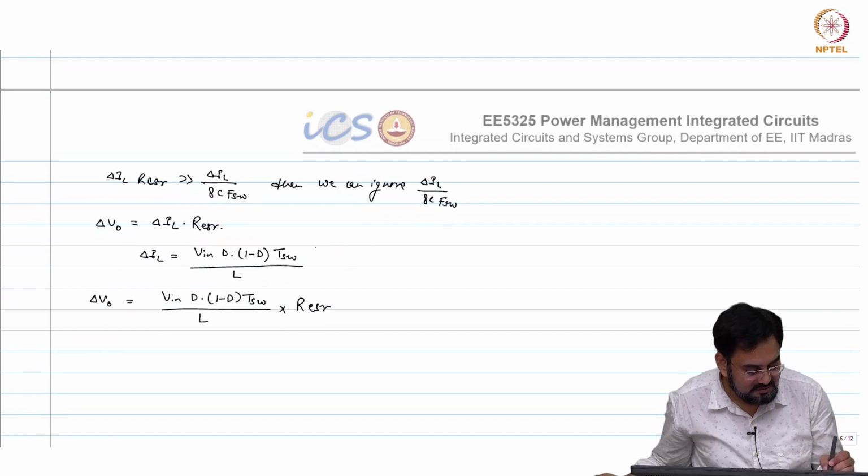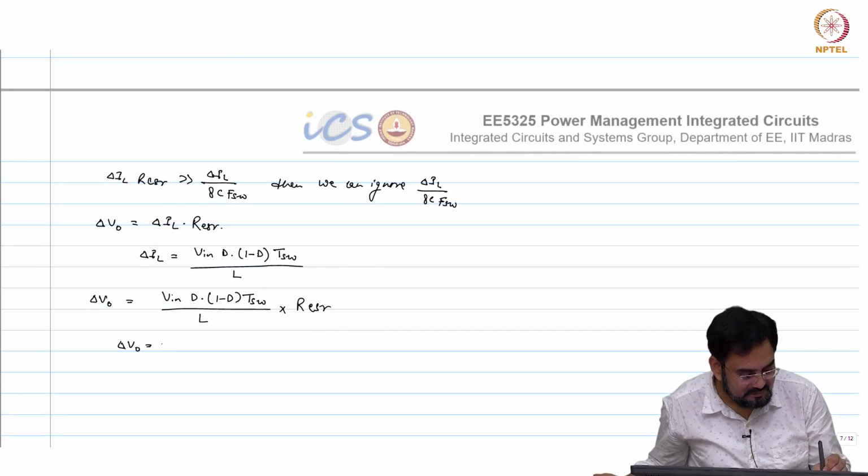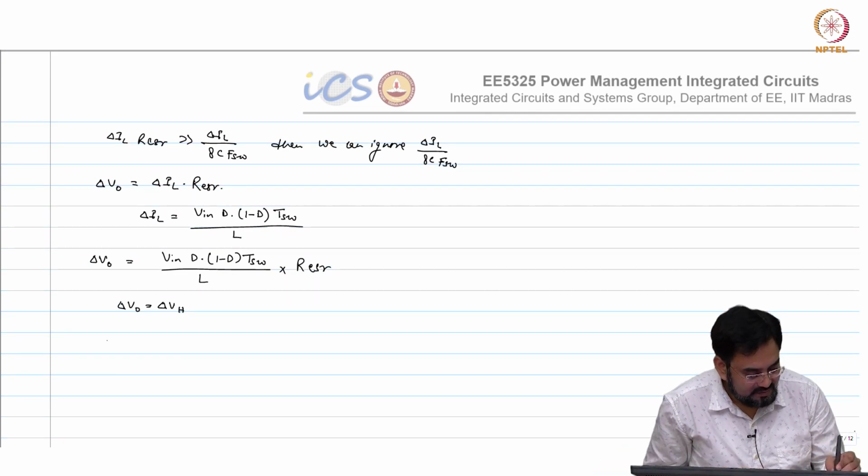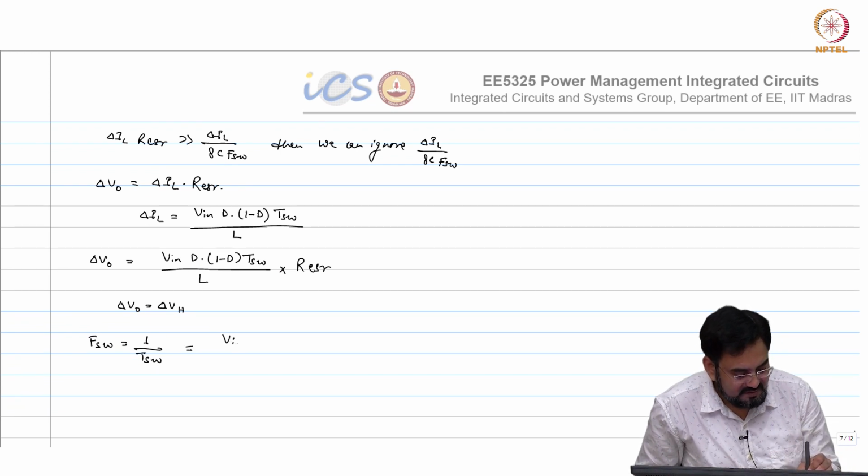So FSW equal to 1 over TSW becomes V in times d times 1 minus d over L times delta VH into RESR.